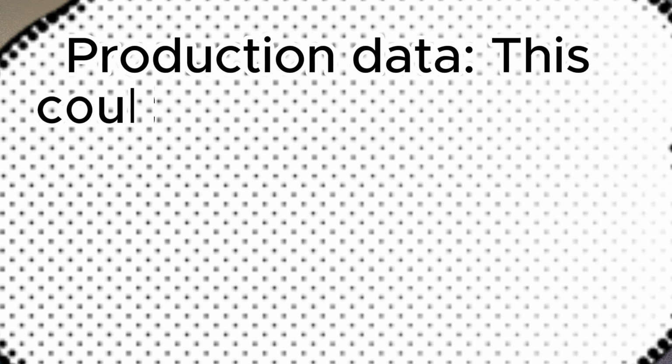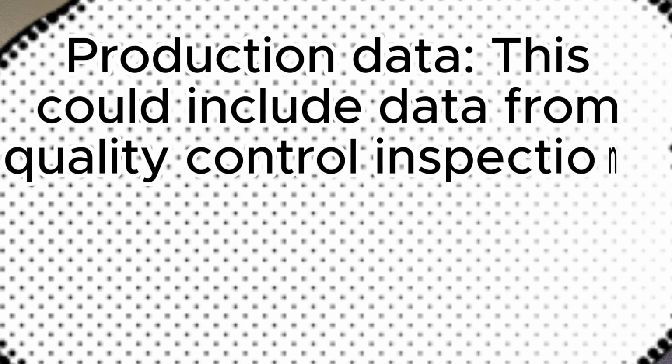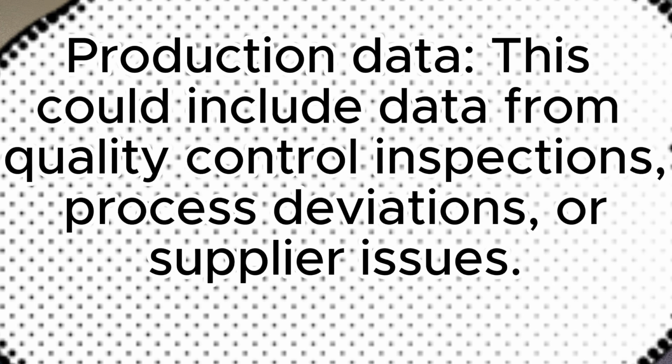This information can come from a variety of sources. Like I said, people can complain about a product. That's where you get your knowledge from, right? Or it could be from the production data. This could include data from quality control inspection or process deviation or supplier issues.